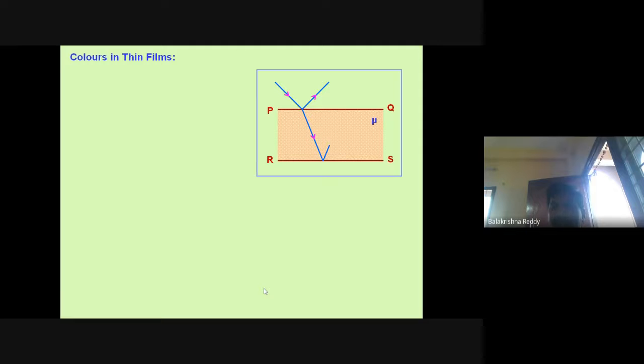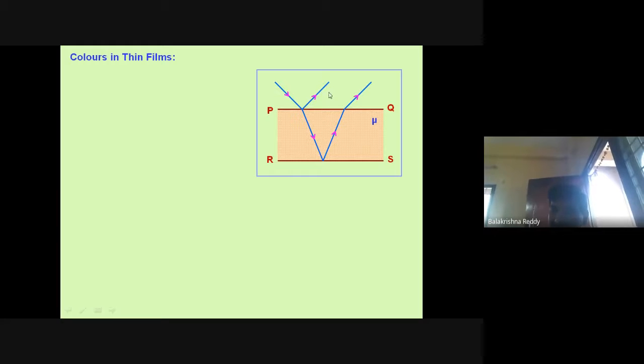Through this, I am allowing the light to pass, and refraction as well as partial reflection takes place. Usually, the light is reflected at the two surfaces of the film, at the top surface and from the bottom surface. Due to the reflection from the top surface and bottom surface, there is a change in the path.